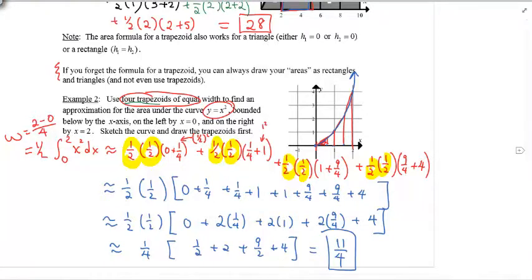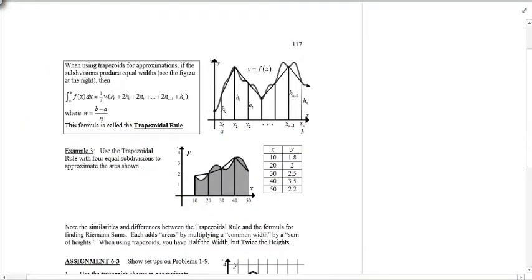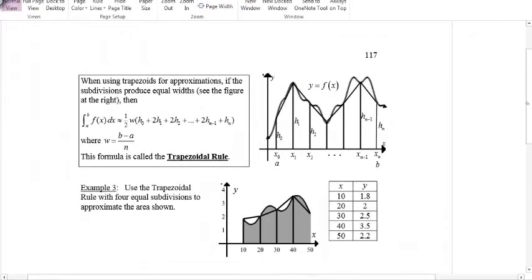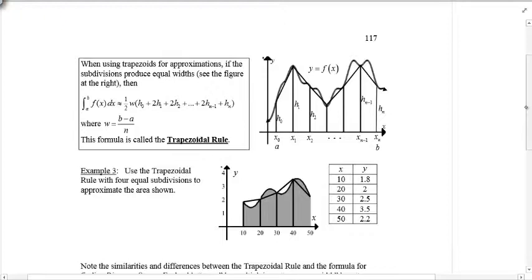Now this gives rise to what I want to say to you now. So when using trapezoids, if the subdivisions produce equal widths, which is what we did in the previous question, then you can actually use this lovely formula. That 1/2 is there, the width is there, those are the two things we factored out. And now notice all of these here are just the heights.